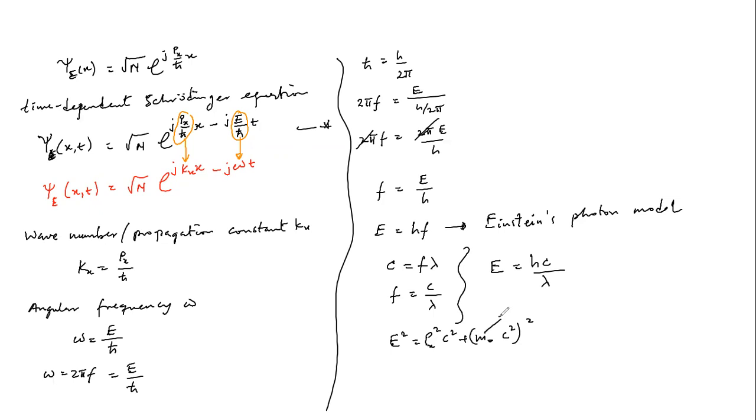And if this parameter, the mass, is so small that it approximates to 0, then E squared is the same as p x squared c squared, such that the energy is the momentum times the speed of light.